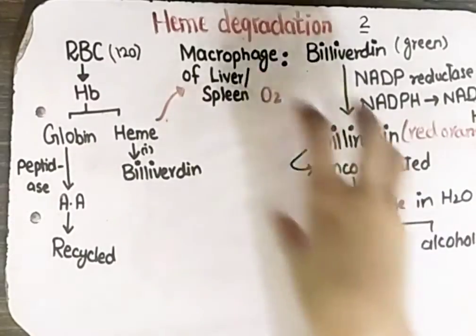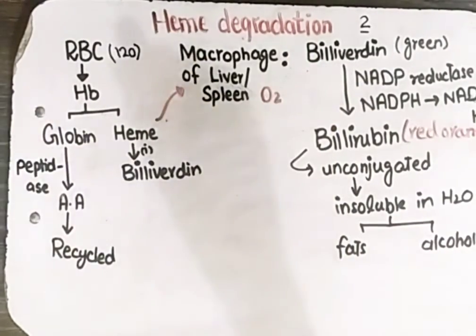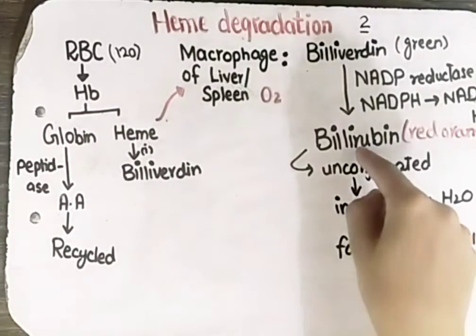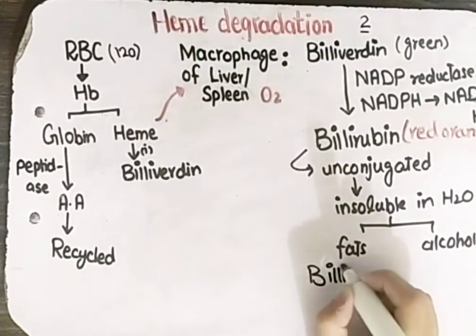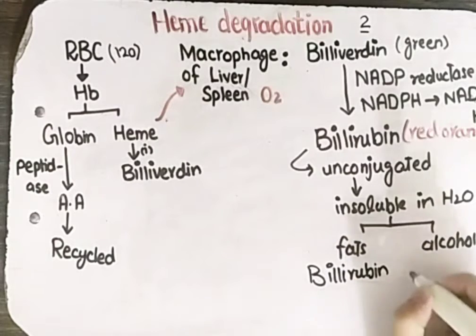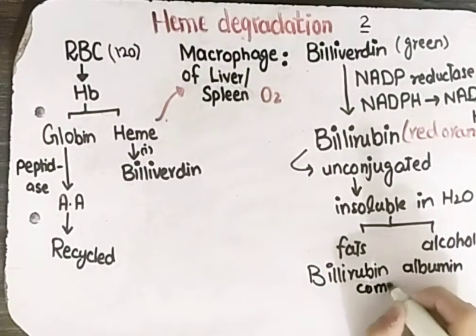So it is present in the macrophage cell, but we want to transport it through the blood into the hepatocyte of liver. So this bilirubin is combined with albumin to form the bilirubin-albumin complex.